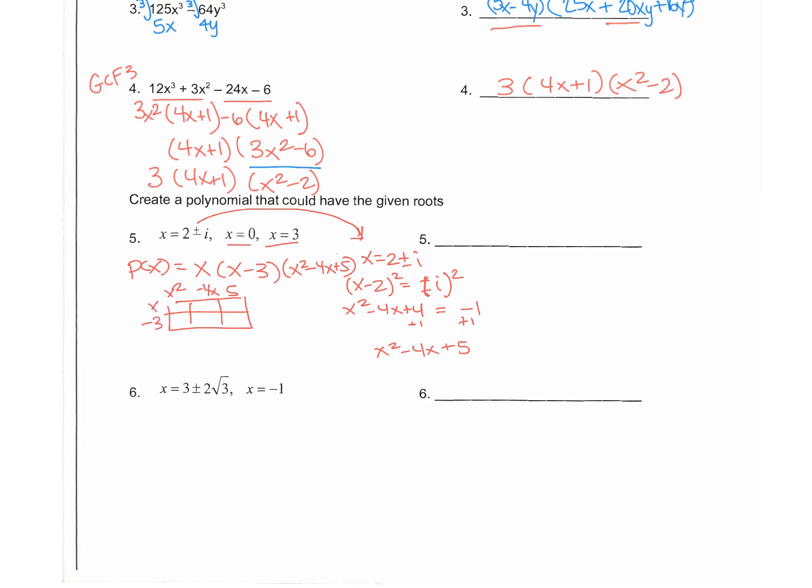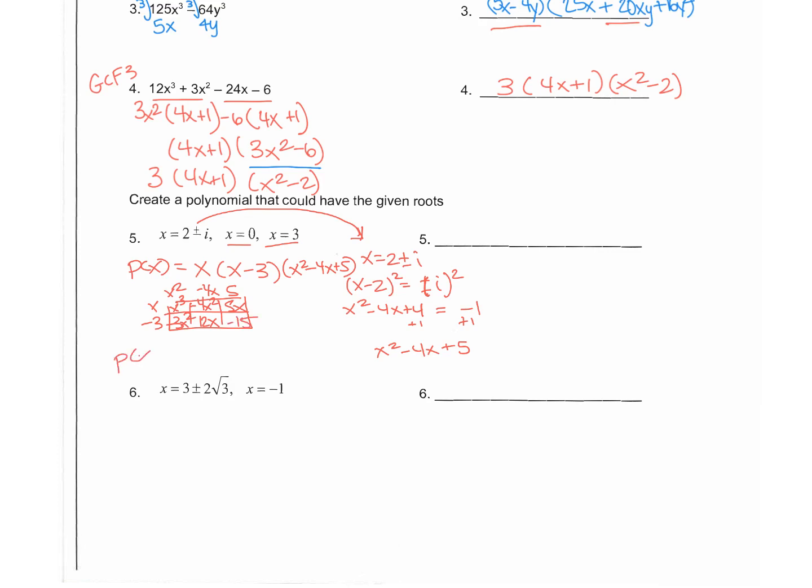And x times x squared is my x cubed. x times negative 4x is negative 4x squared. x times 5 is 5x. And then I have my x squared times negative 3 is negative 3x squared. Negative 3 times a negative 4 is a positive 12x. And negative 3 times a 5 is a negative 15.